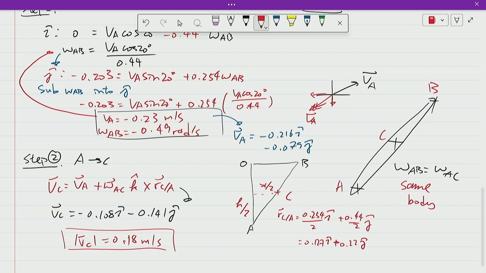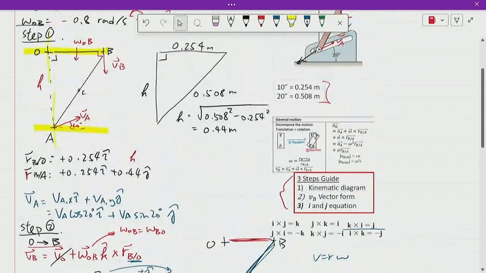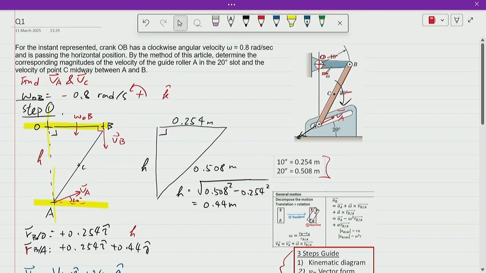Find what? Alpha A, B. Yeah, so the second problem goes into basically alpha and acceleration. You need the acceleration for some of the system, because right now, does it tell us clockwise?